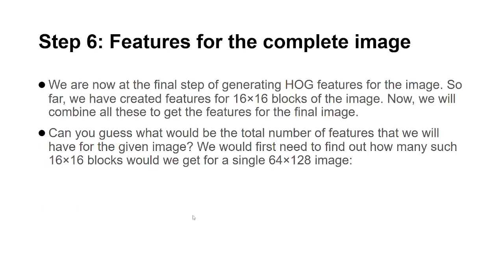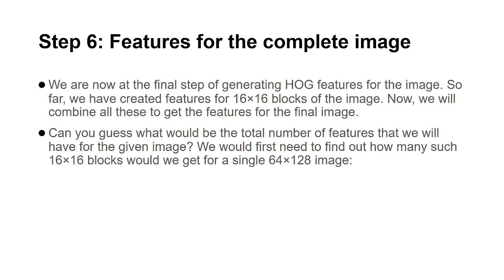So these are the final steps of generating HOG features for the image. So far we have created the features for 16 by 16 blocks of the image, and now we'll combine all of these to get the features for the final image. Here we can guess the total number of features we will have for the given image.